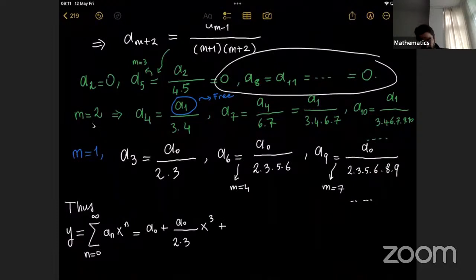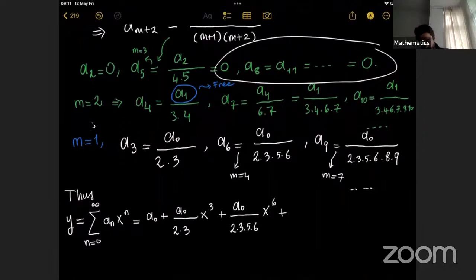Then we have a6 x to the 6, so a0 over 2 times 3 times 5 times 6 x to the 6, okay? Next, we have a9 x to the 9. What is a9? a0 over 2, 3, 5, 6, 8, 9, x to the 9, plus you go like this.